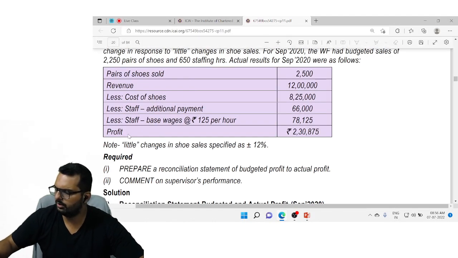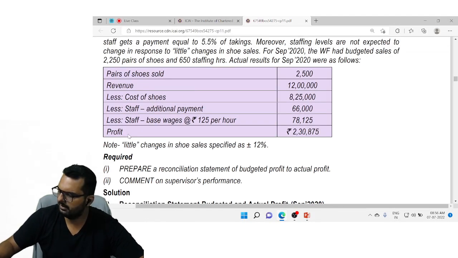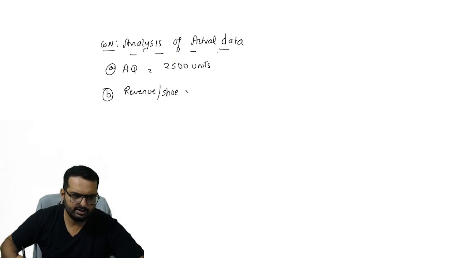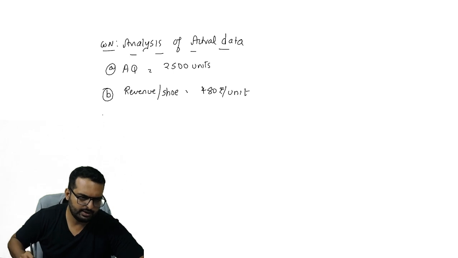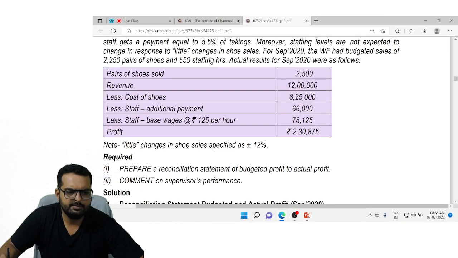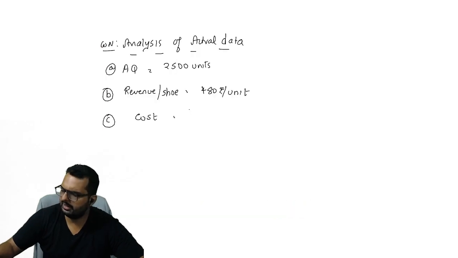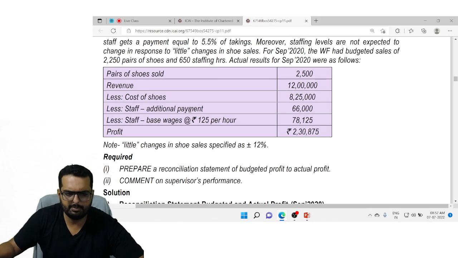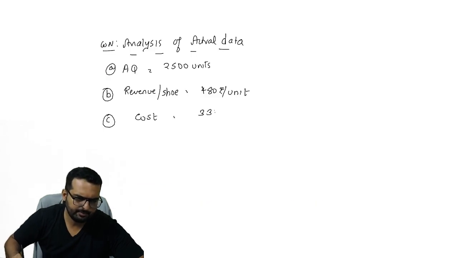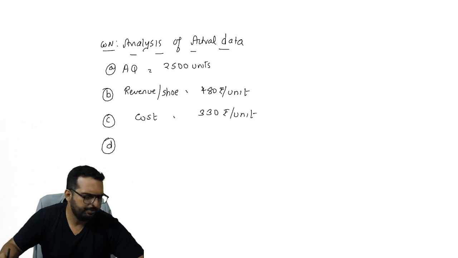That will be nothing but 12 lakh divided by 2,500. Do you get the answer as 480 rupees per unit? Cost. Cost is 8,25,000 divided by 2,500. You will get the answer as 330 rupees per unit. Am I right?